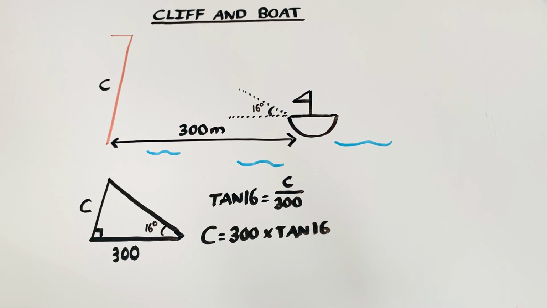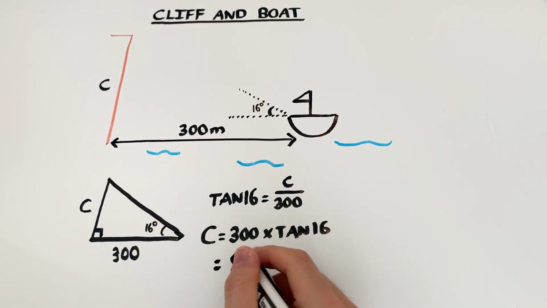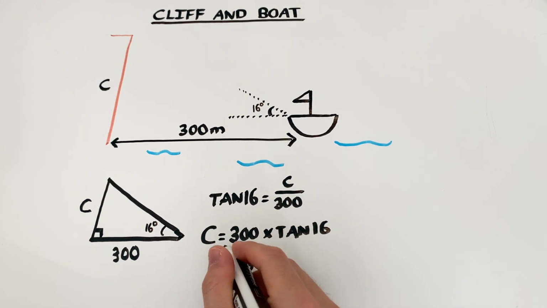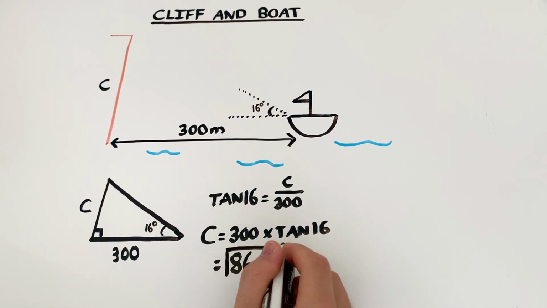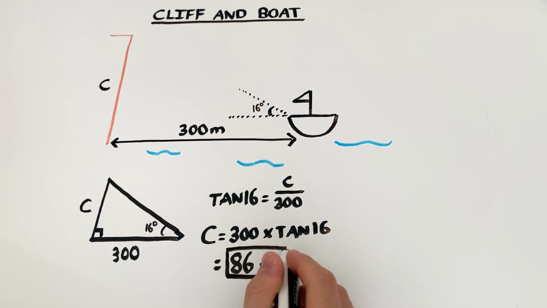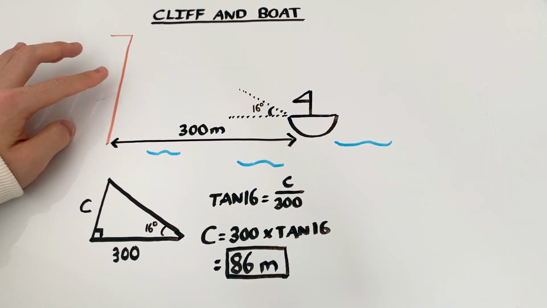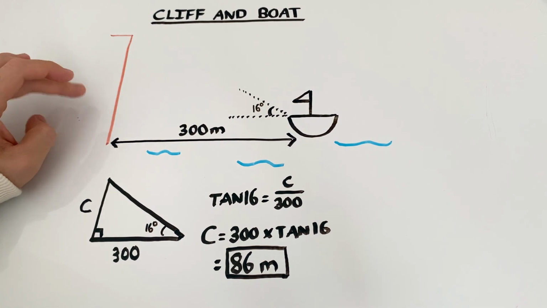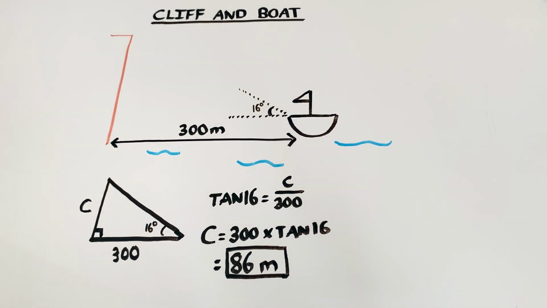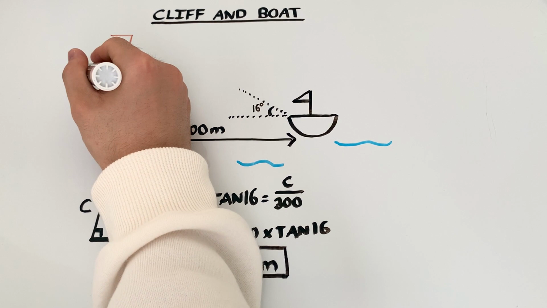And if you put that into your calculator, you'll get a height of 86 meters tall. So the cliff is 86 meters tall. So let's go ahead and label that for the next part.